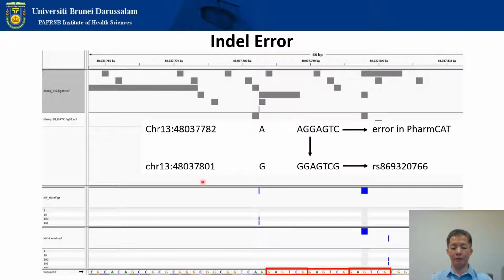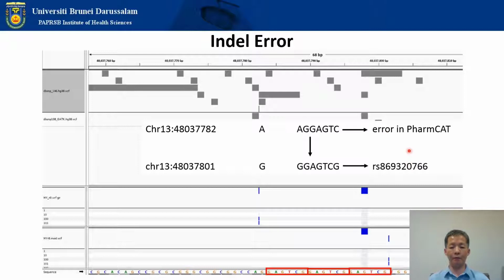Now we reckon that this was probably due to the dbSNP accession number associated with this particular insertion. If you look through the history of dbSNP, this particular indel is actually the result of merging a previously reported indel as well, and hence there is a slight change.